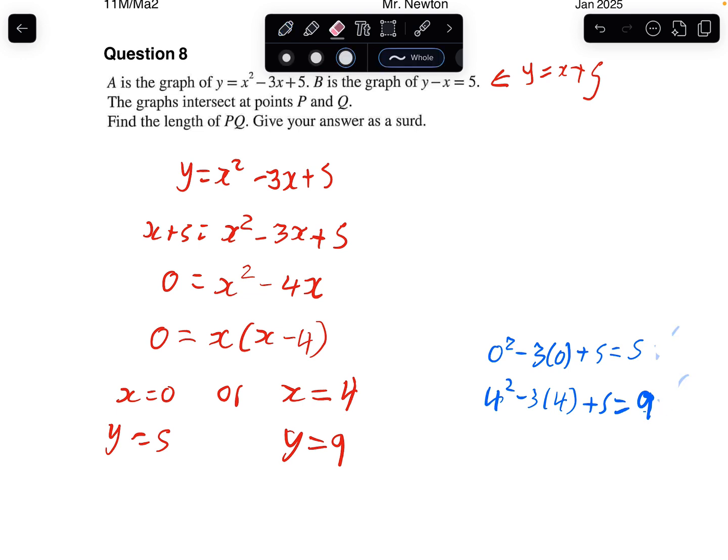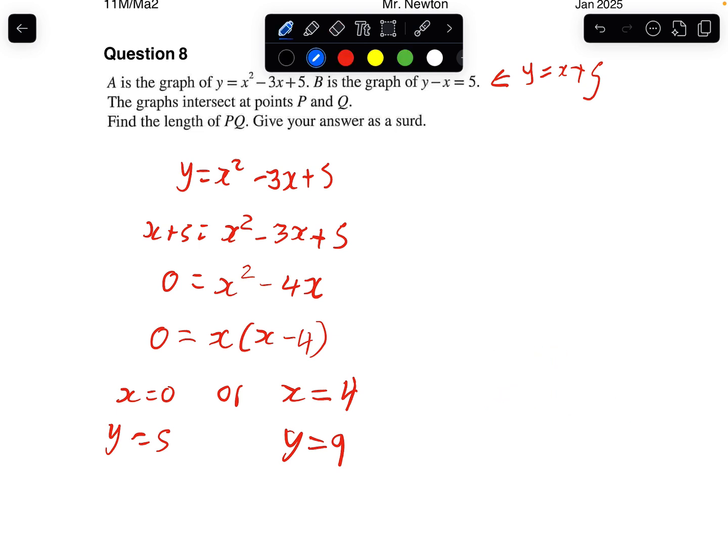Okay. What effectively this means is I've got a graph that looks something like this. So I've got a point here and a point here. This is 0, 5. This is 4, 9. And I'm trying to find the distance. Well, I've gone 4 across and 4 up. So we can do a bit of Pythagoras.